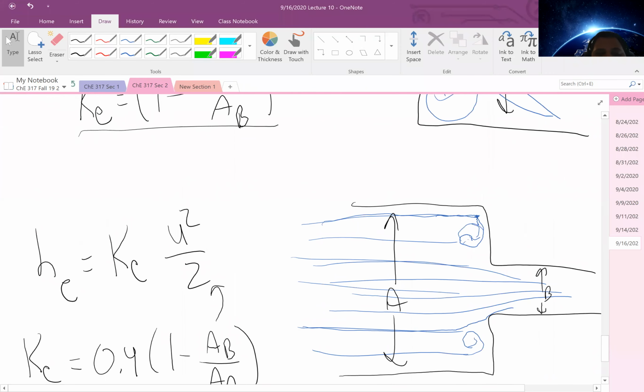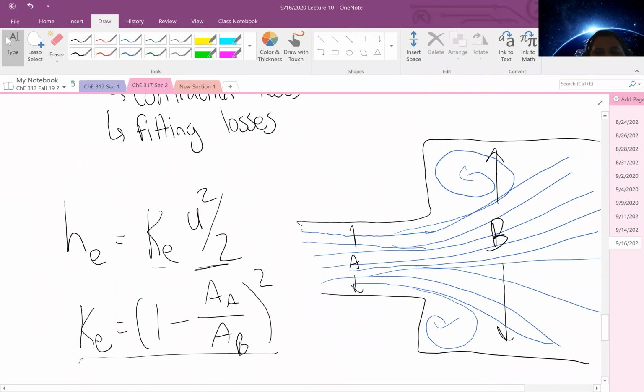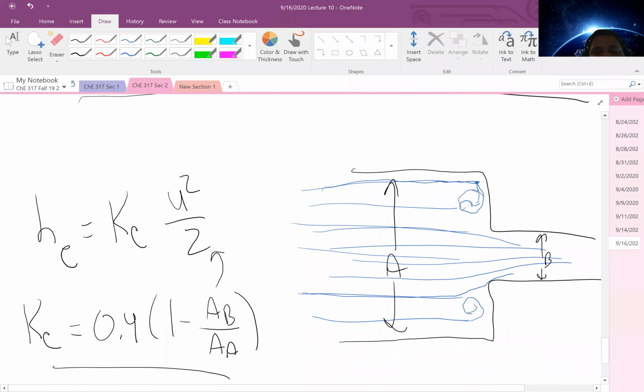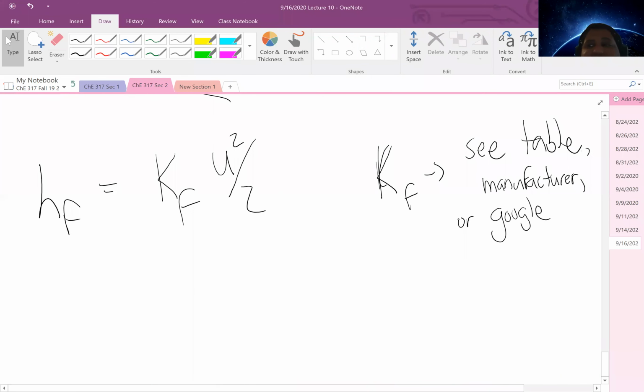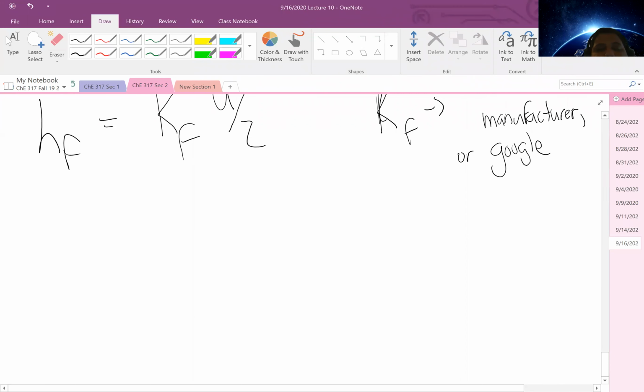So when we're recapping, we have expansion, contraction, fittings, and skin friction as our key sources of friction in our fluid flow systems. So if we were to determine F for our mechanical energy balance, we would write an expression that combines each of these sources of friction into one expression or one equation.